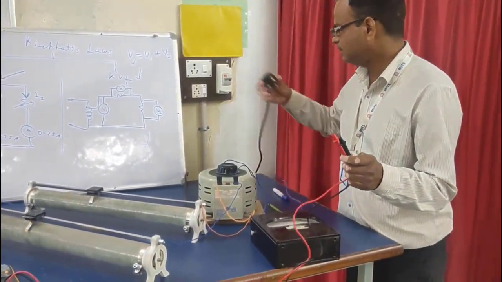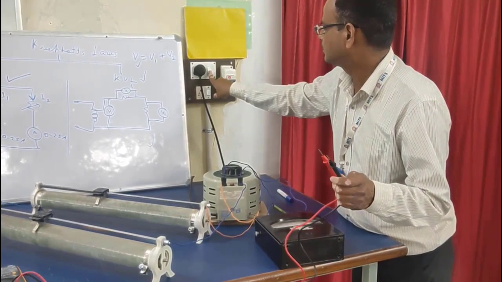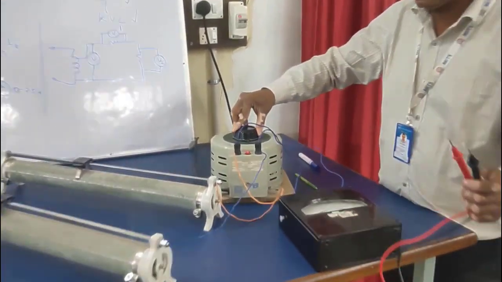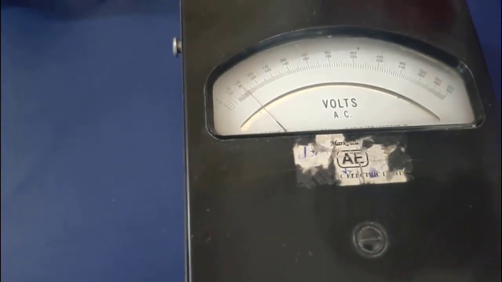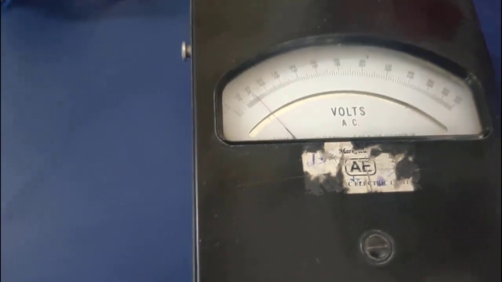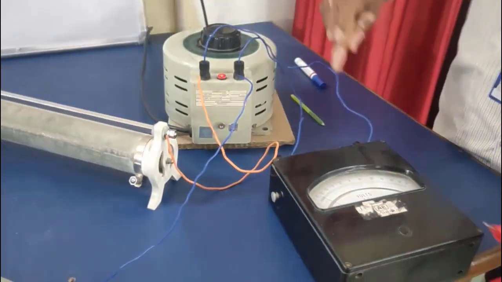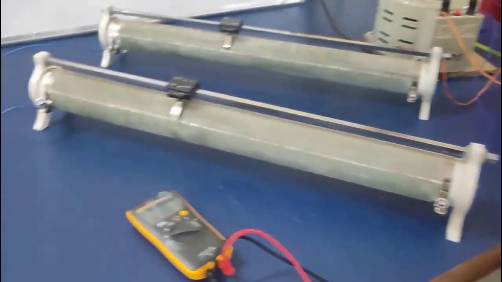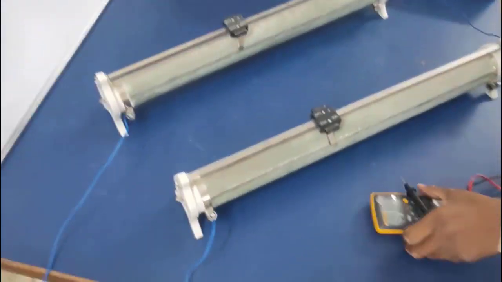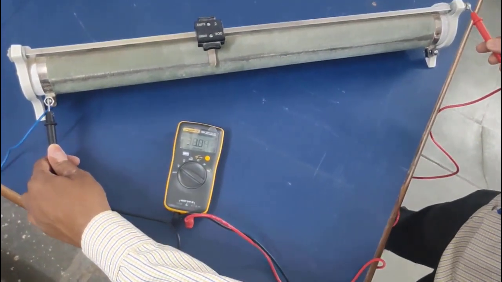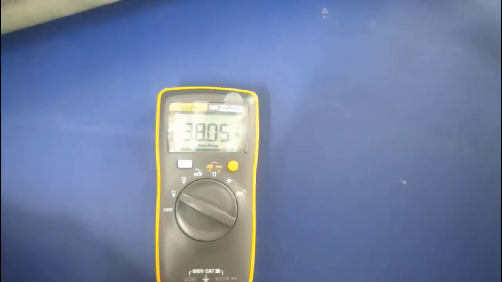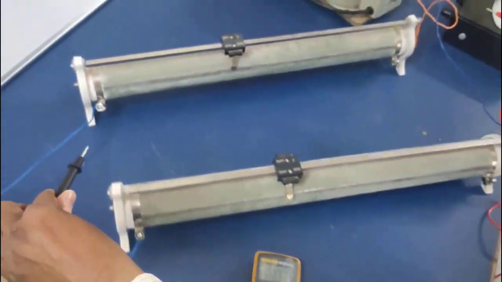And similarly switch on and increase the voltage. Supply voltage, see that, it is 80 volt. 80 volt supply voltage V, and the values of V1 and V2 across these two resistors. So just touch the multimeter points here, and this is the V1 value, 38.06, and this is the V2 value.